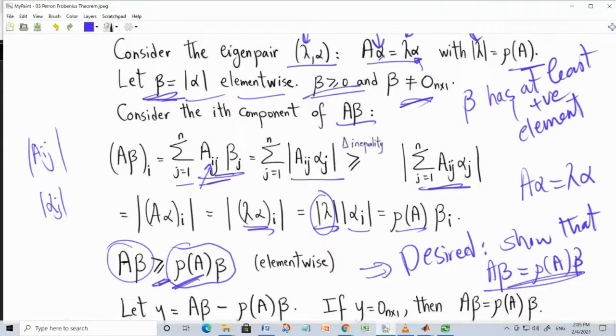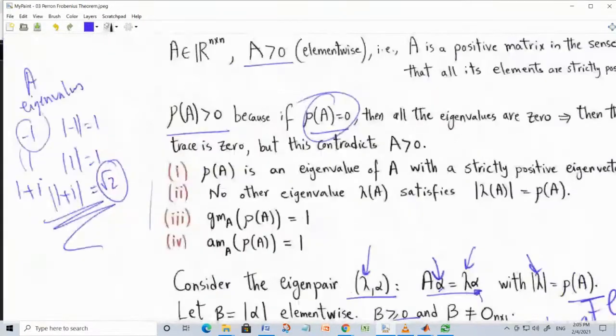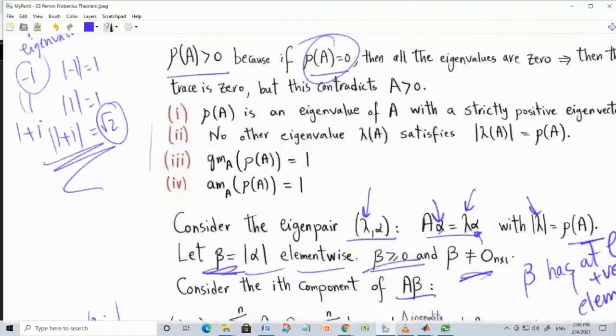Because if you show this, then you are establishing an eigen equation with an eigenvalue rho of A. So you are showing that rho of A is indeed an eigenvalue for the matrix, and it's not like the situation here in which the spectral radius is something that is not an eigenvalue.